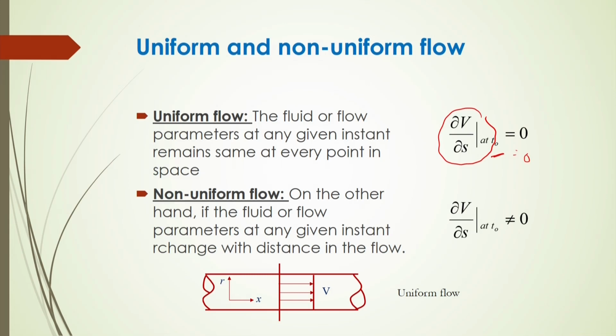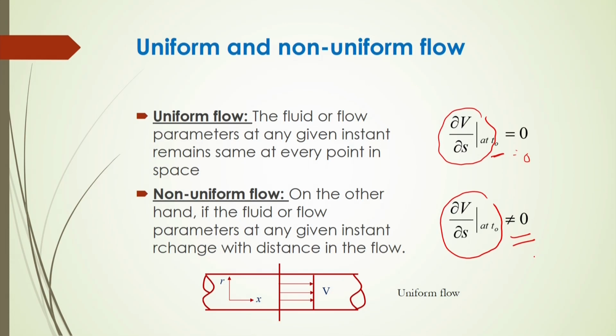Non-uniform flow, on the other hand, is when the fluid or flow parameters at any given instant change with distance in the flow. That means dou v by dou s at constant t will not be 0; it will have some value, so the velocity will be a function of distance.